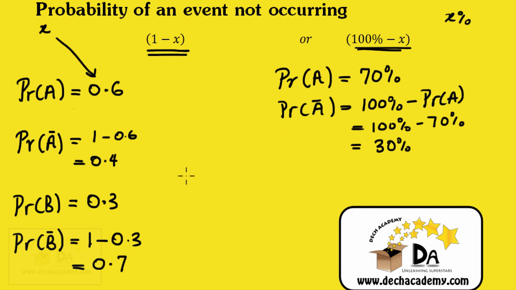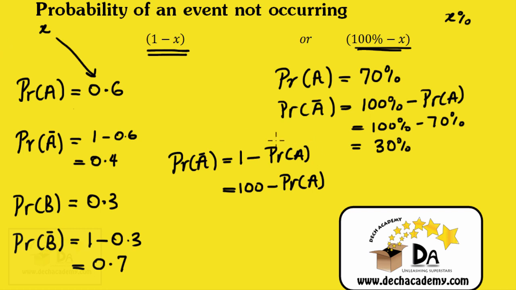So I'll just give you a short formula, which is what this does, but I'll put it in a different form. If the probability of an event A occurring is given, the probability of the event not occurring is equal to 1 minus the probability of event A occurring, or is equal to 100 minus the probability of event A occurring.